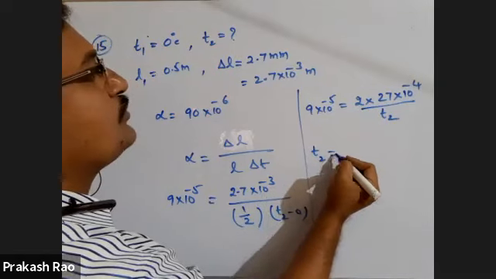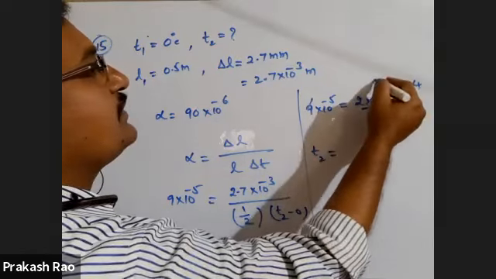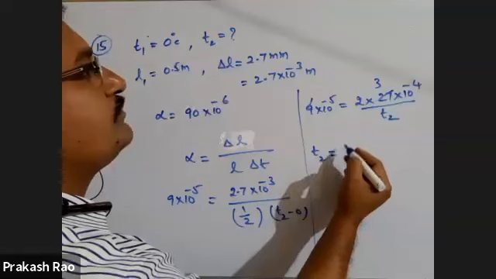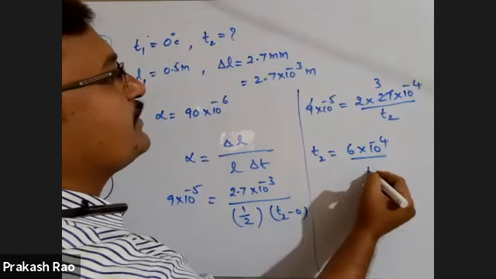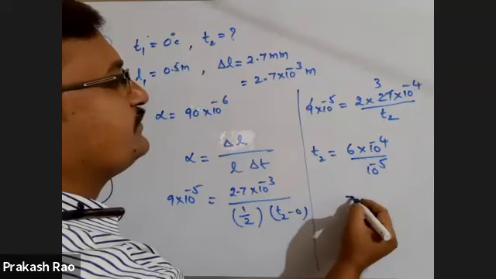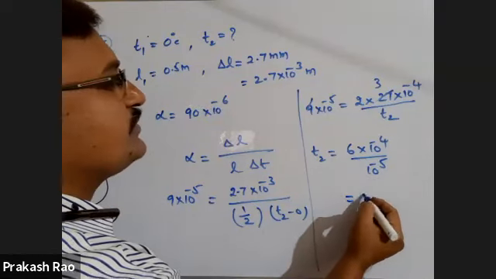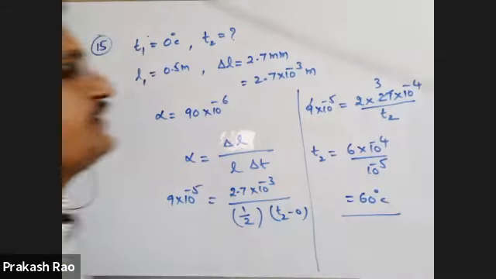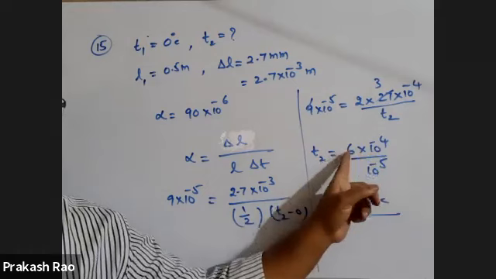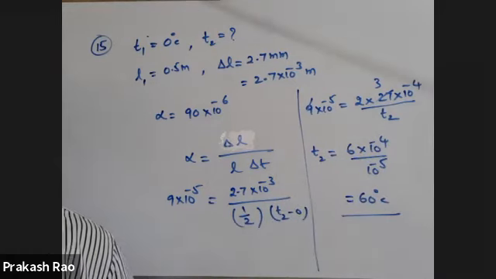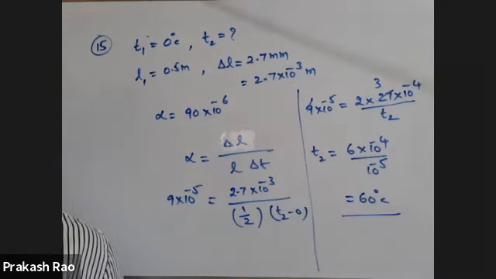Therefore T2 is equal to 9 ones are 9, threes are 27, so 6 into 10 power minus 4 by 10 power minus 5, which is equal to 60 degrees centigrade. When minus 5 moves up, it will become plus 5. Then your final answer is 60 degrees centigrade.